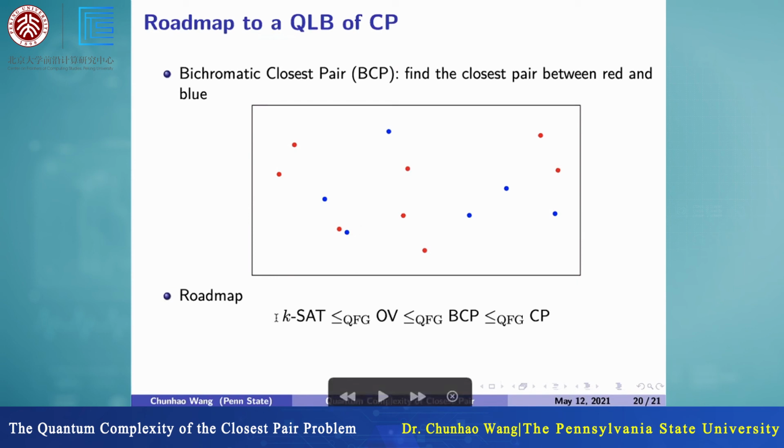The roadmap is that we first fine-grained reduce k-SAT to orthogonal vectors, then fine-grained reduce orthogonal vectors to bichromatic closest pair, and then we reduce BCP to closest pair. We already saw this part. I won't show the details of this reduction, but it's always possible to quantize this classical reduction.